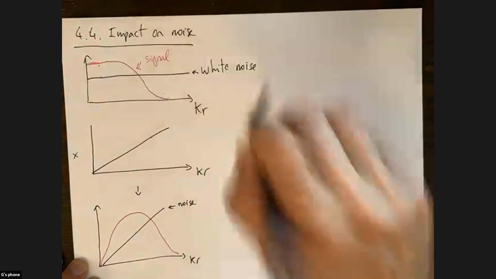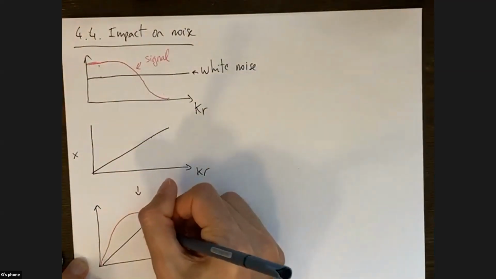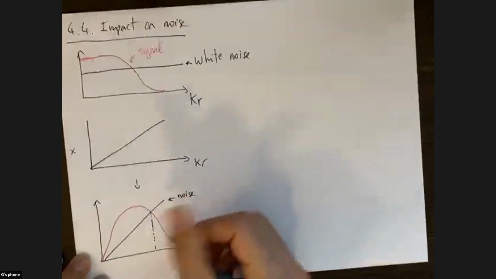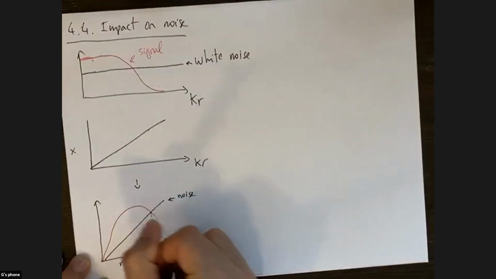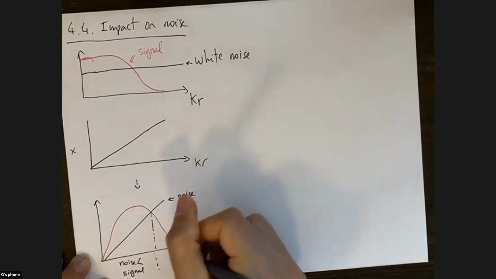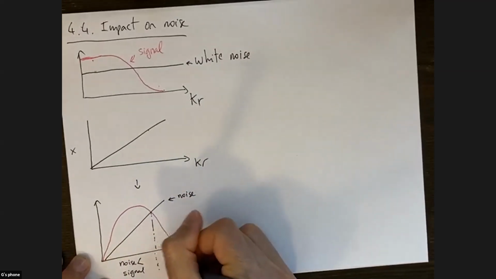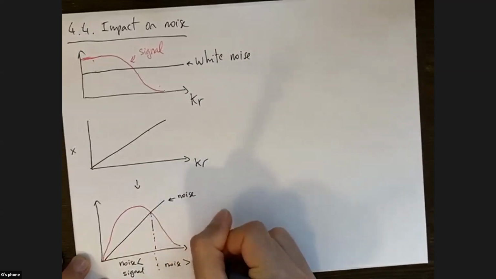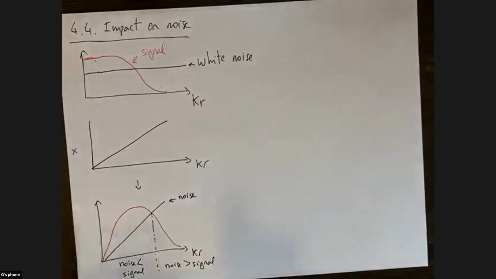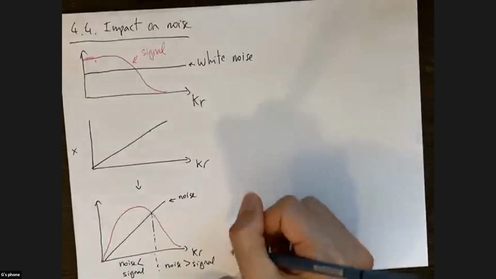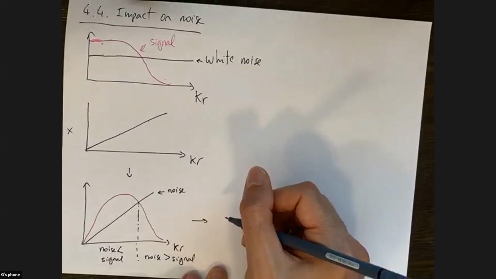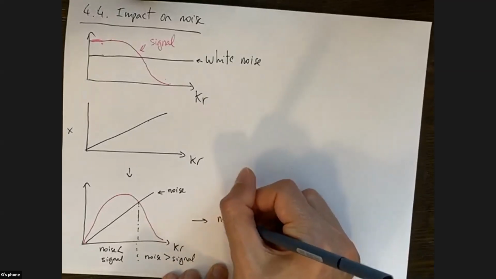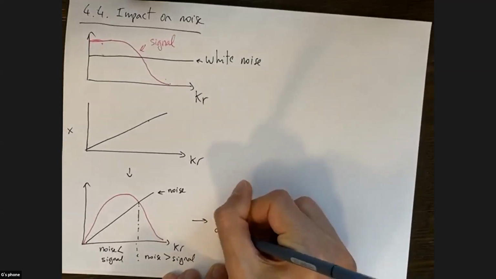And so there's this frequency where on this side, noise is smaller than signal, and on the other side, the noise is larger than the signal. This is referred to as noise amplification.